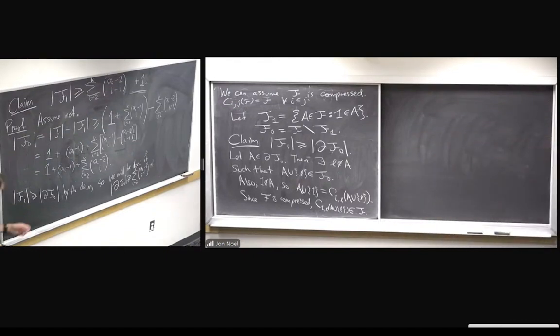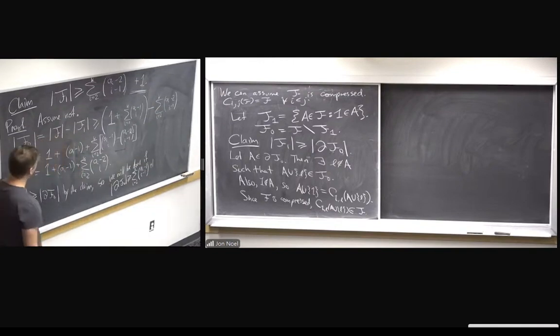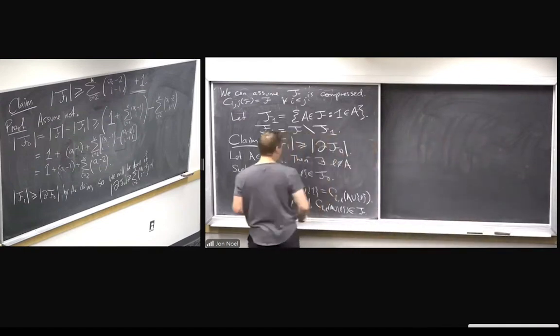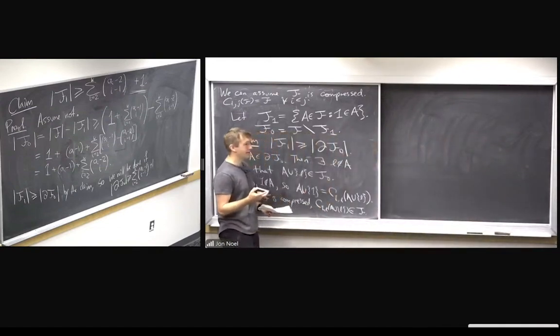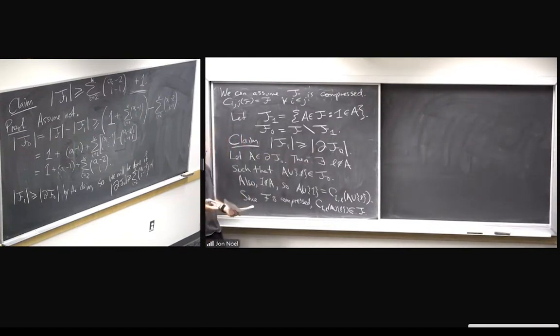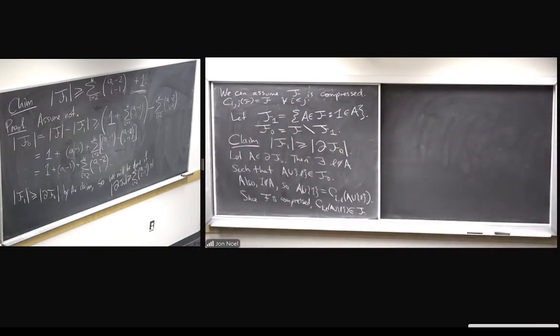But if this was 1 plus, and if this was i equals 1 to k or something like that, it's almost the right format to apply induction. By the way, we can apply induction because we know that F1 is not empty, because it's bigger than the shadow of F0, by compressions. So we can actually apply induction to F0.